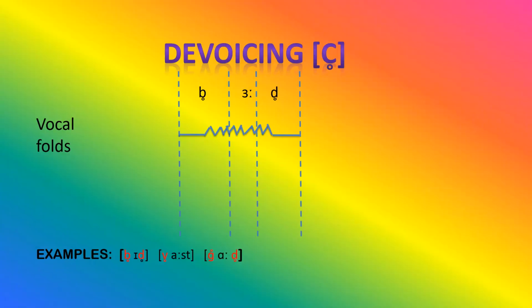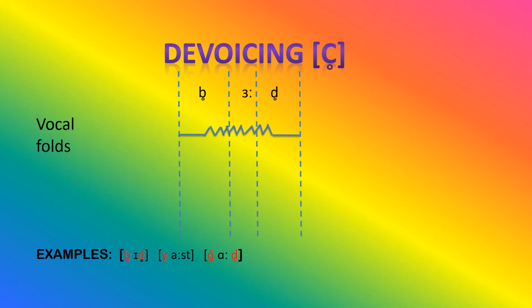The first consonantal allophone I'm going to describe is devoicing. The symbol that represents devoicing is the letter C, which stands for consonant, between square brackets, which stand for allophone, and the diacritic, which is a circle representing the open glottis.